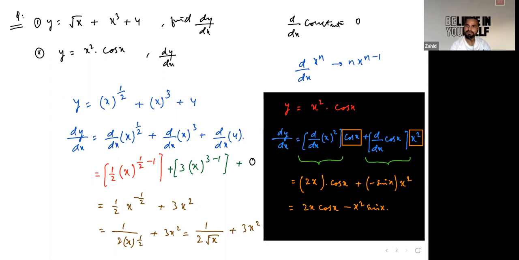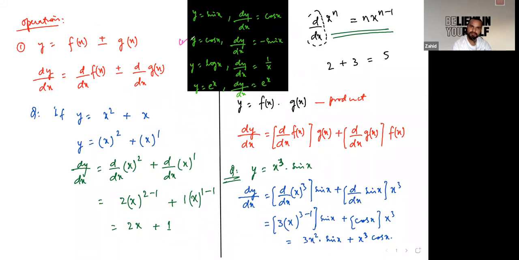Vaishnav, have you done this? Sir, I have a doubt. Can you explain how cos x changes to minus sin x again? Differentiation of cos x according to this rule, the second rule.